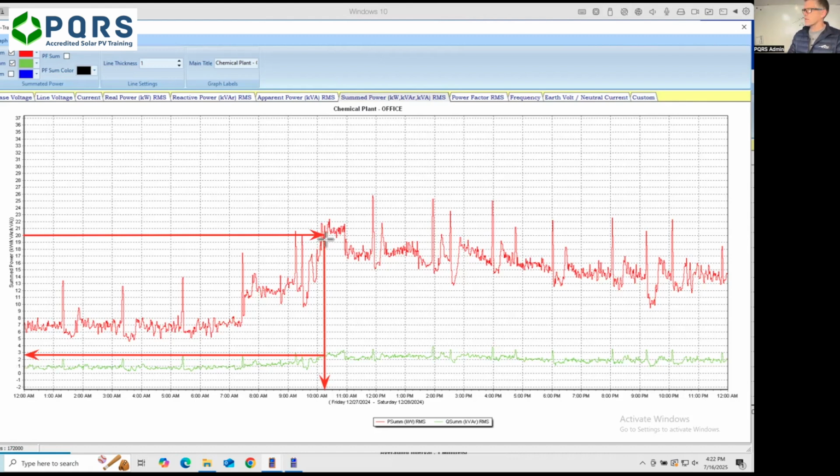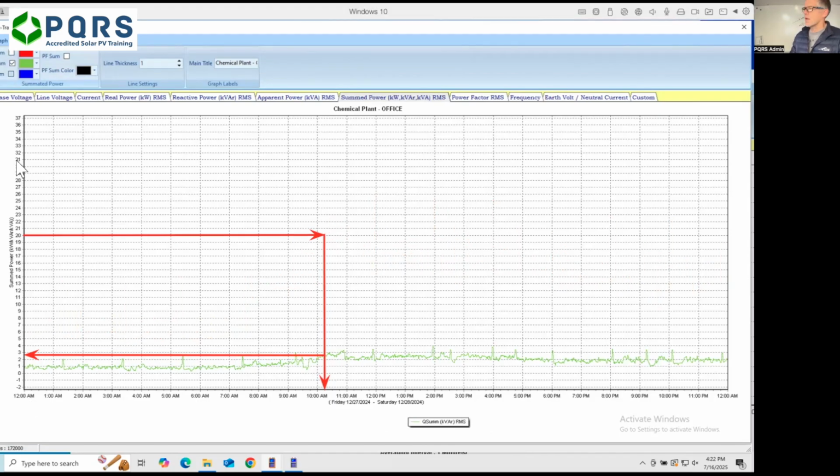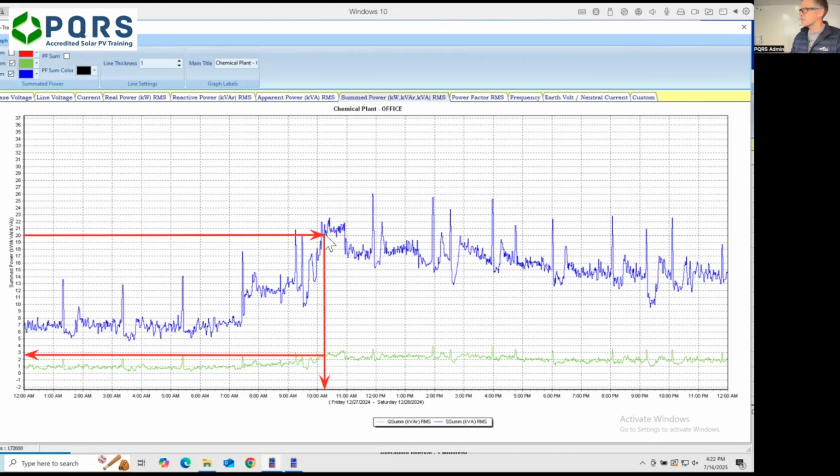When the load was 20 kilowatts, the reactive power was about 2.7 kVAr. And the kVA was just a little above it. kVA came in at about 21 point, where I'm reading this is in line with the line going down, so I'm reading it there.